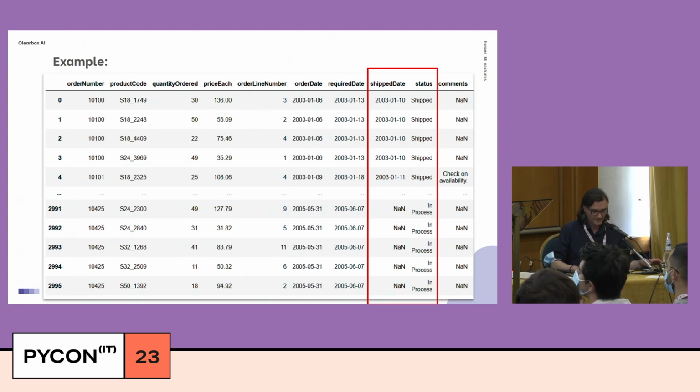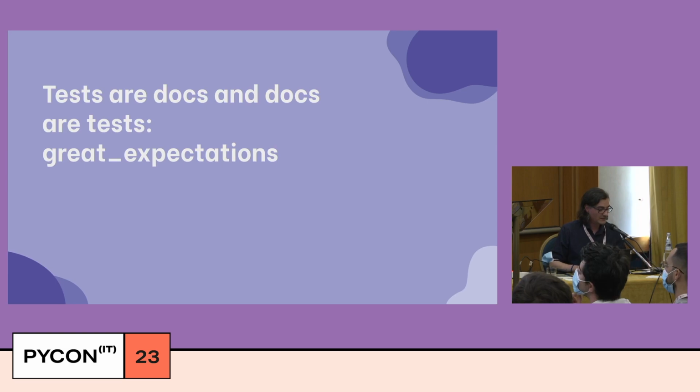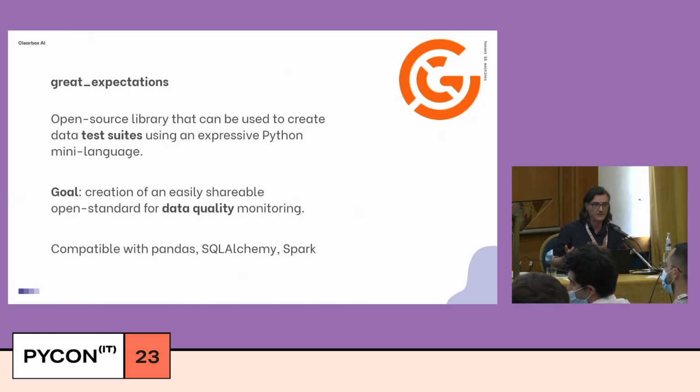So the idea of Great Expectations is to provide a way to perform this kind of measurement by providing a library. It's an open source Python library developed by an American scale-up to programmatically write data tests, unit tests for data. It uses a very expressive mini language to allow users to create these tests, and I will show you some examples later on.